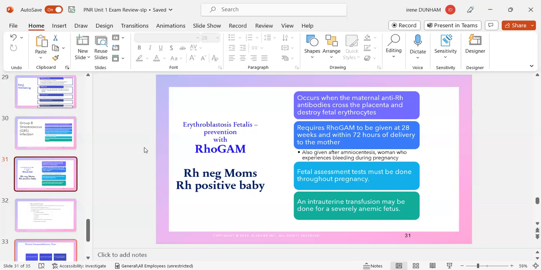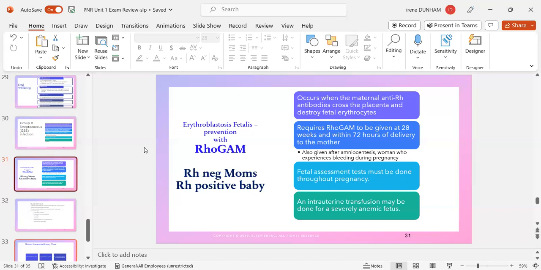And this incompatibility between mom and baby is because mom is Rh negative, right? And she has these antibodies. And they're just like little Pac-Men. And here's baby. And what happens is we don't really want the mixture of blood, but it can happen.